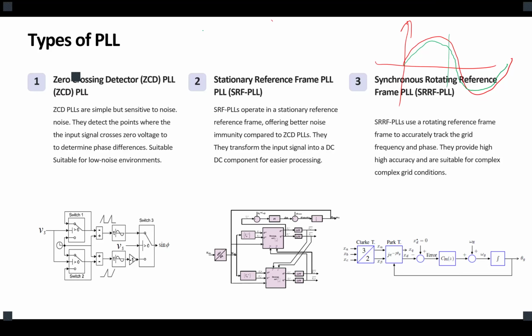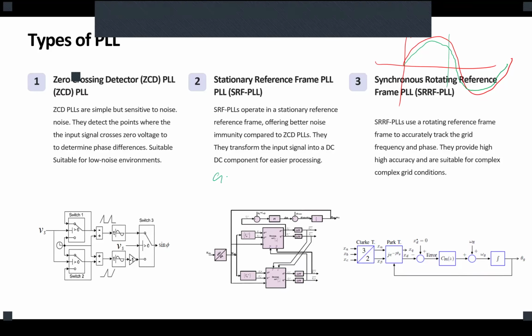Let's say omega r is omega of the grid plus a delta. Then the phase of the inverter is always going to be omega grid t plus delta t plus the inverter theta. Correct?